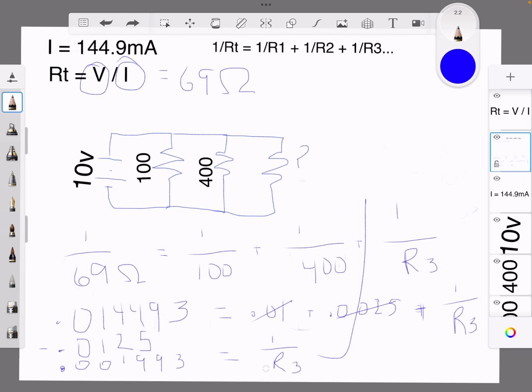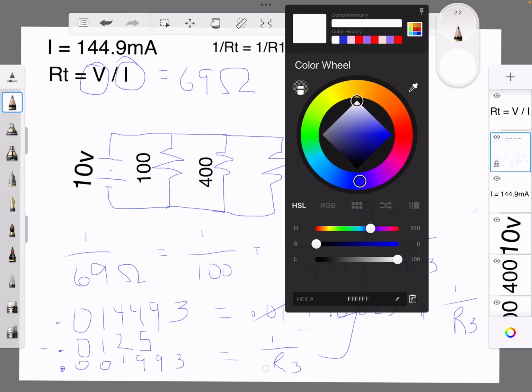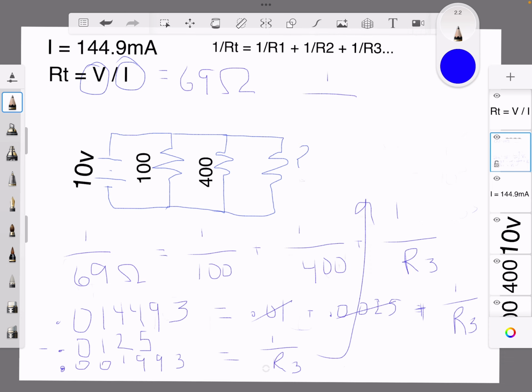If you take the reciprocal, you get 1 over 0.001993 equals, now we're flipping this one, that's the reciprocal, so we get R3 over 1, which anything divided by 1 is just that.